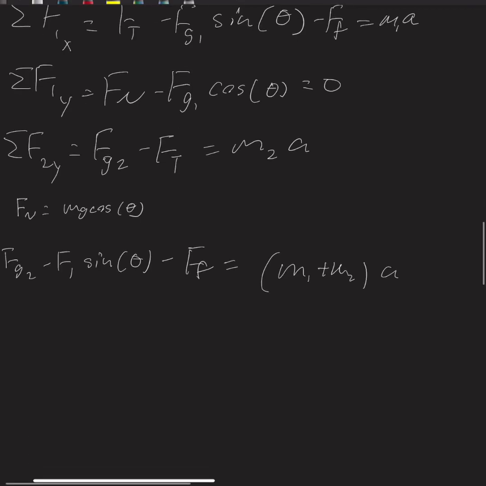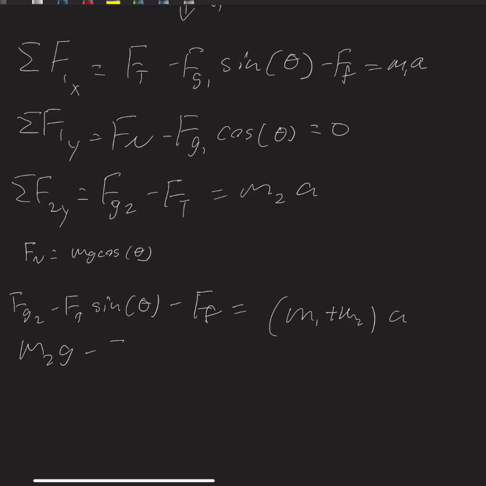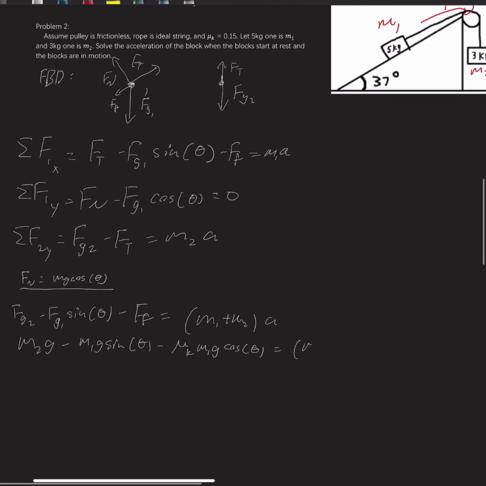Now we can expand this, so that's m2g minus Fg1, so that's m1g sine theta, minus mu k times m1g cosine theta. We solved for Fn already here, so you can just substitute that in, which is equal to m1 plus m2 times a.